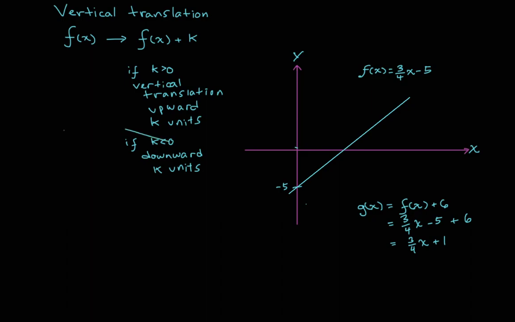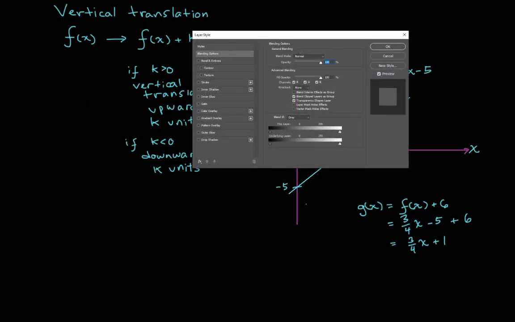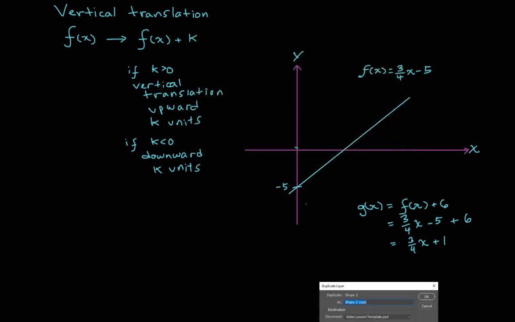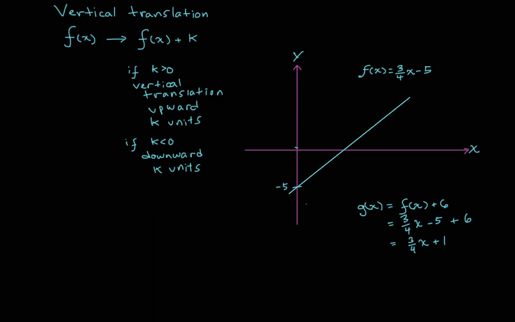And what's that going to look like? Well, that's just simply our line. Let's duplicate our line here, and we'll just translate it up by the necessary amount, which is, of course, just 6 units.